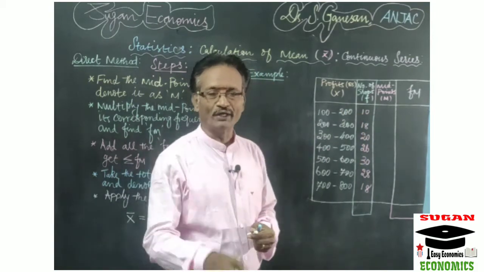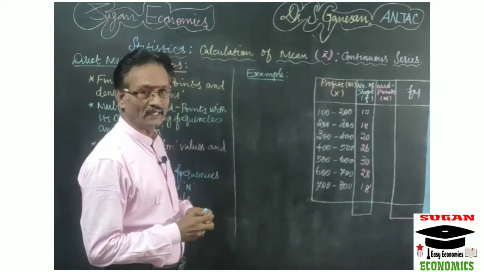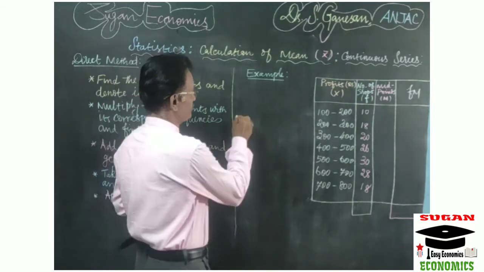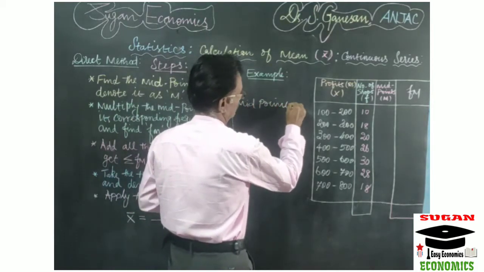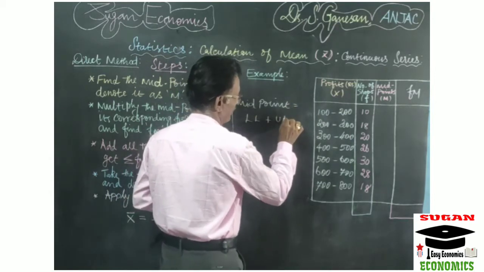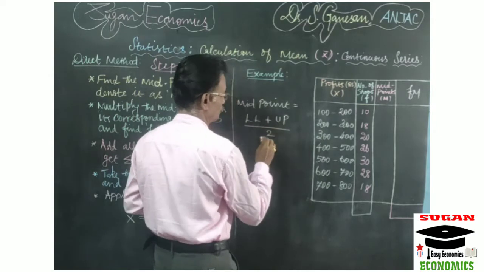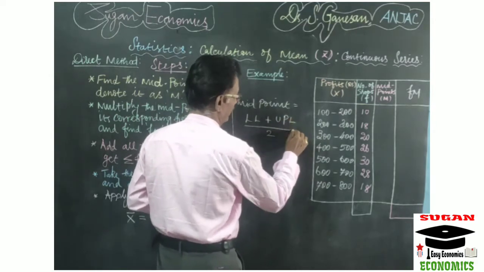How can you find the midpoint? The midpoint m is equal to lower limit plus upper limit divided by 2.